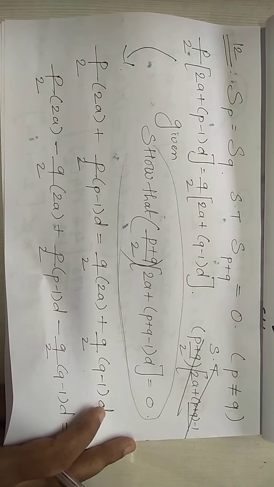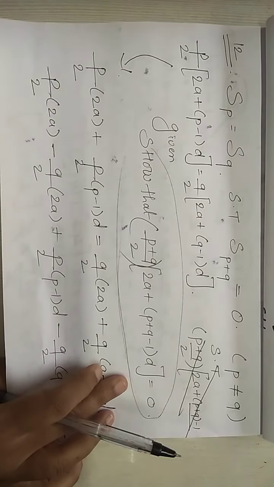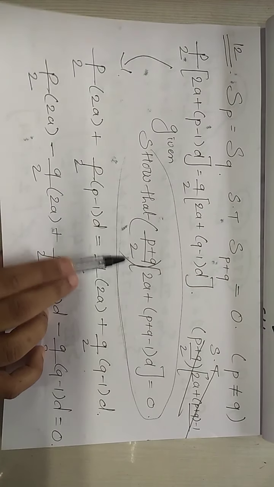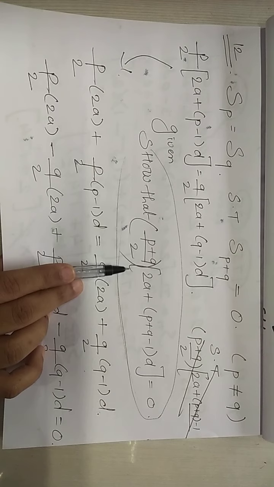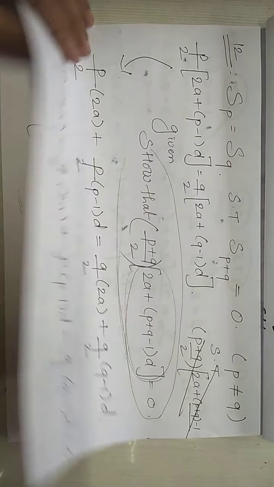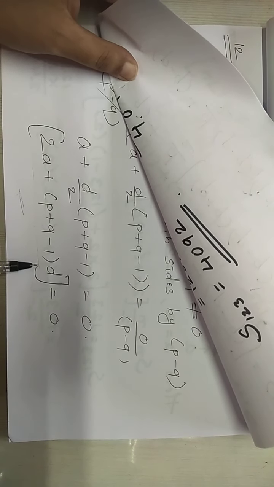So if you'll observe, in the show that, in the proof that step, you were having this to prove. And we have already proved that this term is equal to 0. If you'll observe, we got this 2A plus P plus Q minus 1 into D equal to 0.